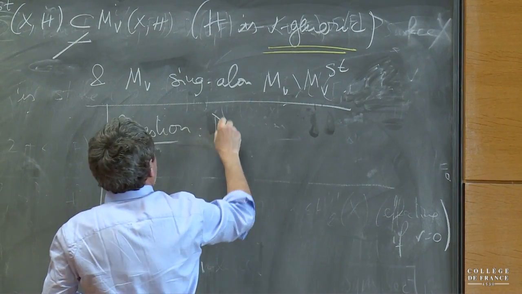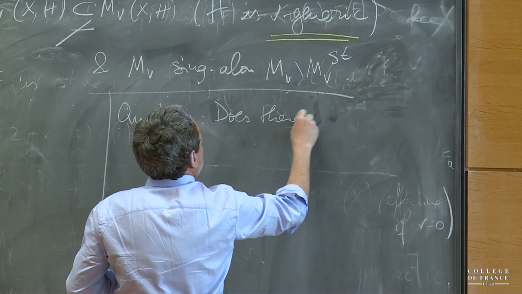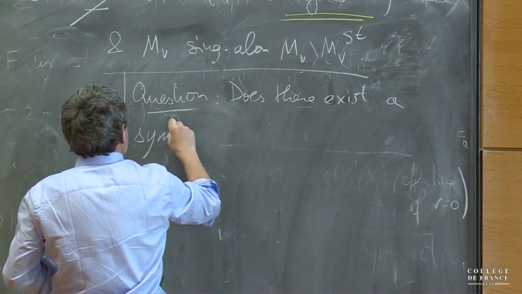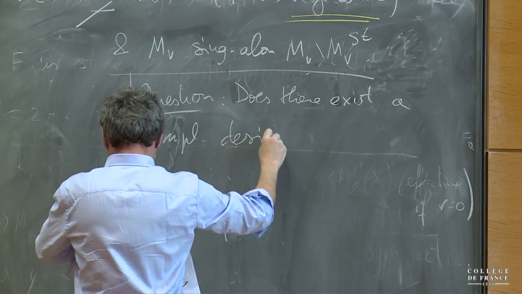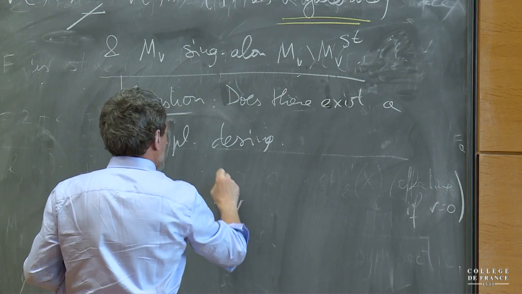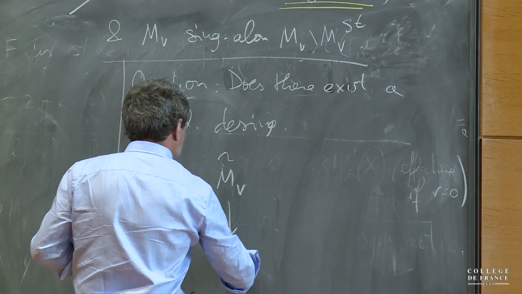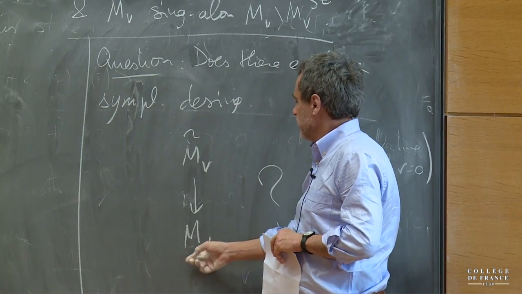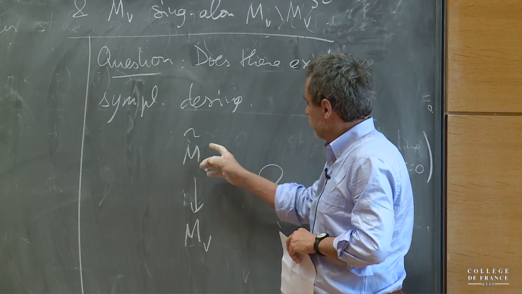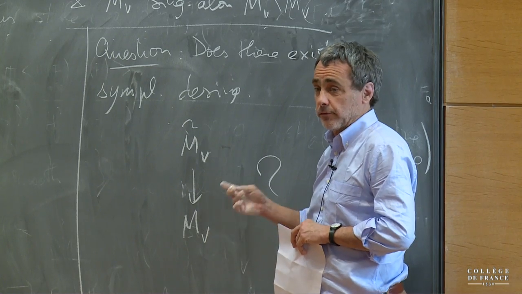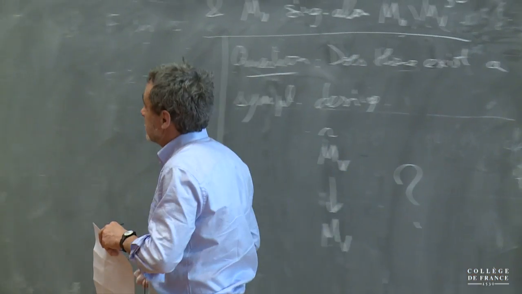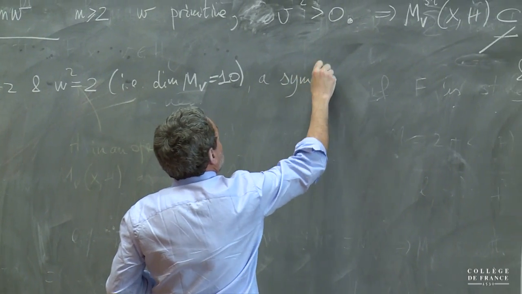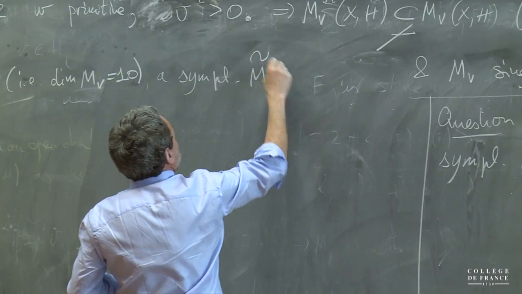So the question is, does there exist a symplectic desingularization? So we want a desingularization so that the symplectic form on the open subset extends to a symplectic form here. In this case, this exists.